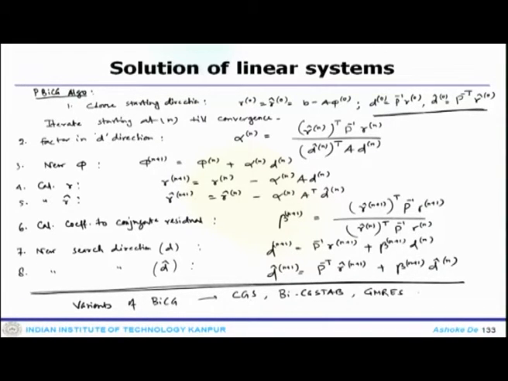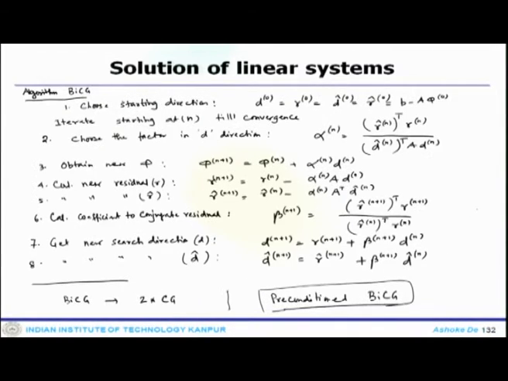So, there are different variants of the BiCG algorithm which can be applied, but the baseline algorithm remains as we have discussed here, and this is with preconditioner and this is without preconditioner.